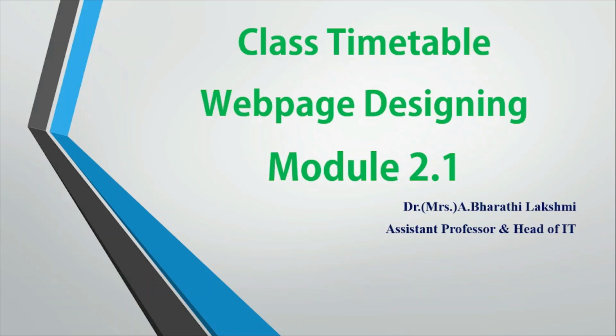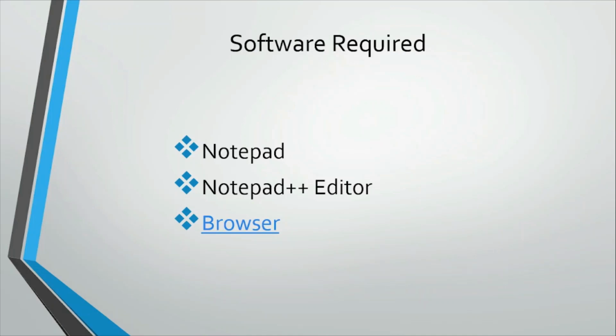Back to have a look on Module 1 in Unit 2. As I told before in the introduction video, Unit 2 deals with web designing using HTML documents. To write an HTML document, no special software is a must. Normal Notepad that comes with the Windows OS is more than enough.